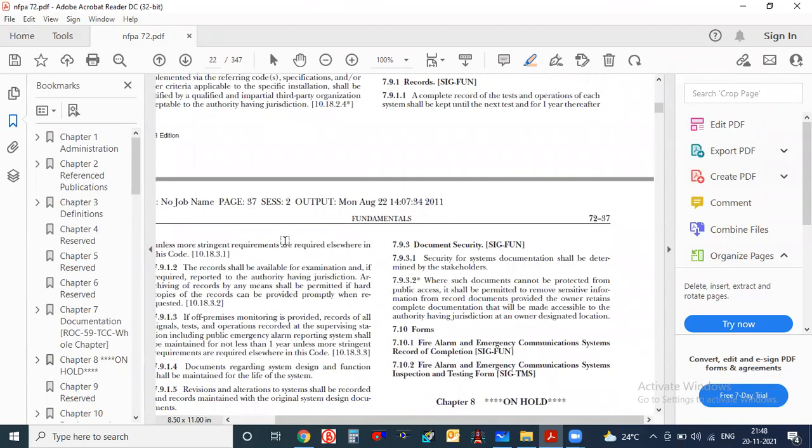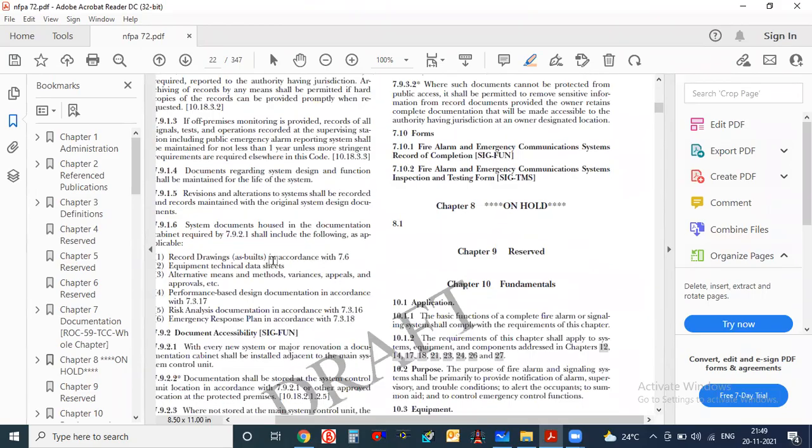My purpose is to check any important points related to the detectors here, like any spacing between the detectors or any clauses related to detectors. We are trying to find those things. Otherwise, there are so many unnecessary things given here, mostly about the fire alarm system, electrical requirements and some electronics requirements.